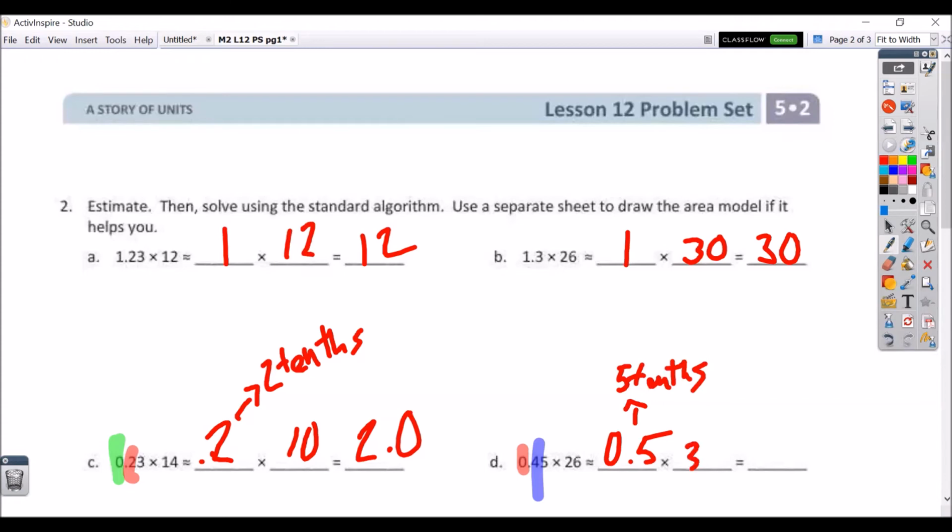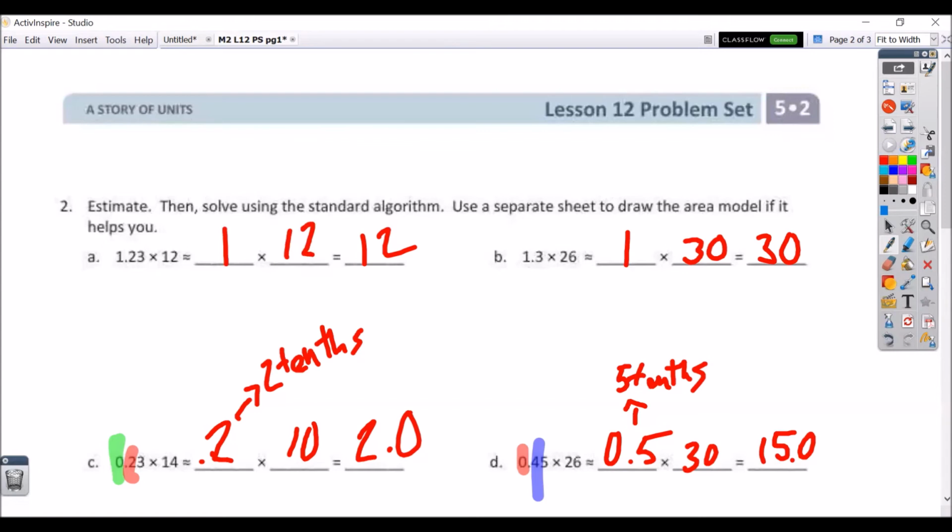And 26 rounds near to 30. So 5 times 3 is 15, and then we're 5 times 3/10, so it's 150 tenths. So 150 tenths, and then if I think about tenths, that's 1 digit behind the decimal. So we can use our place value knowledge to put that 15 right there.